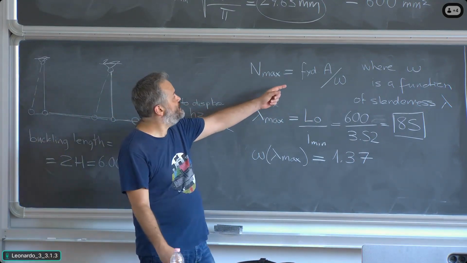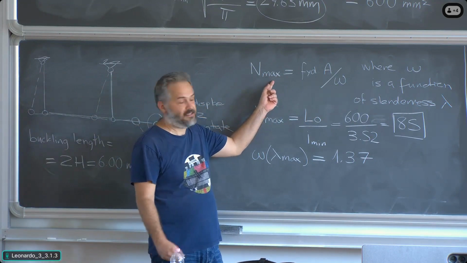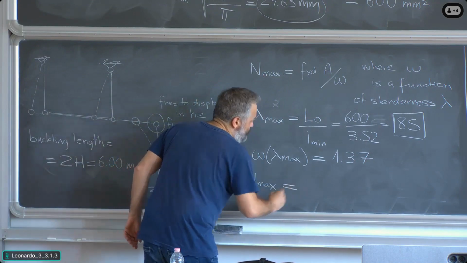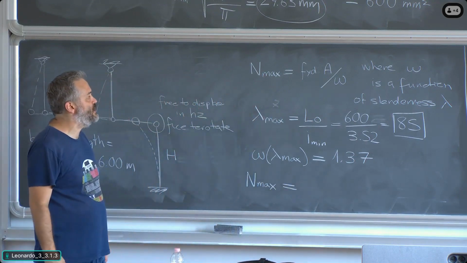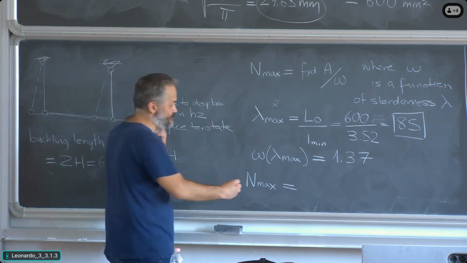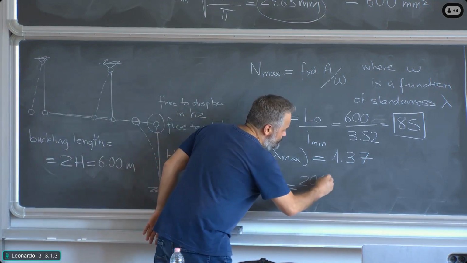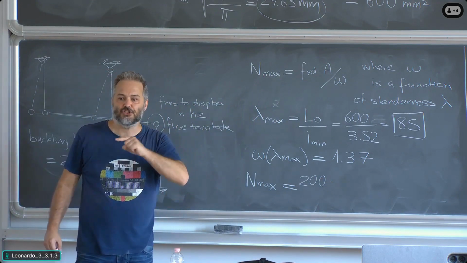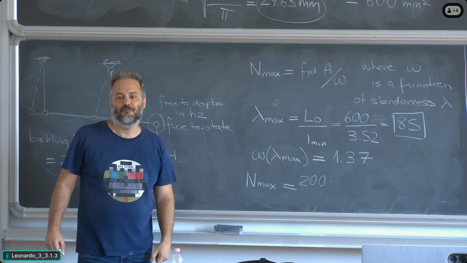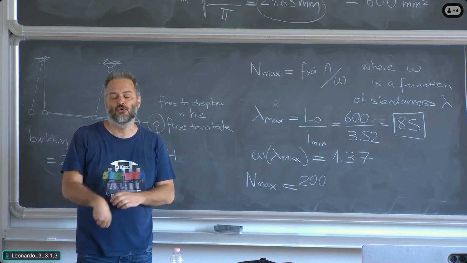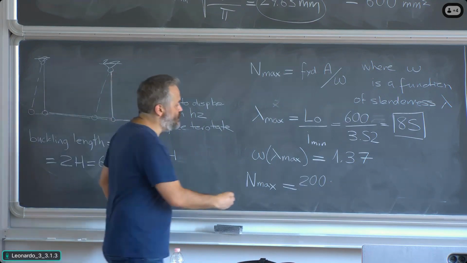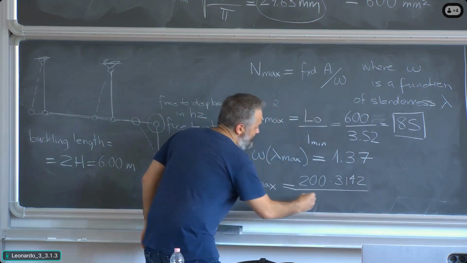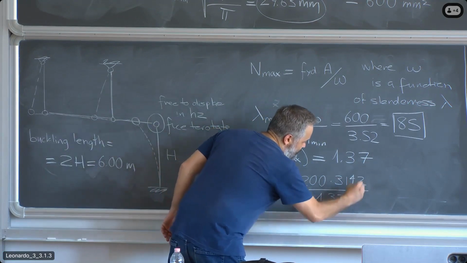Now we have all the ingredients we need to calculate Nmax. What is the maximum axial force our column can sustain? Fyd, yield strength, 200, times area. We have it in geometric properties. I will not share it back. You can look it up. Confirm it's 31.42 square centimeters. So it's 3142 square millimeters divided by 1.37.